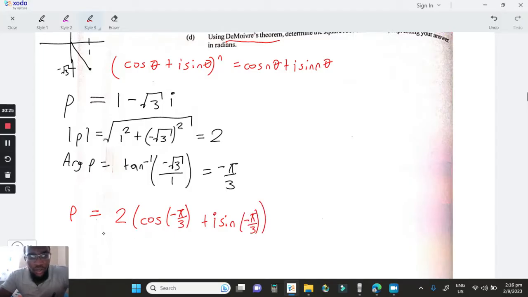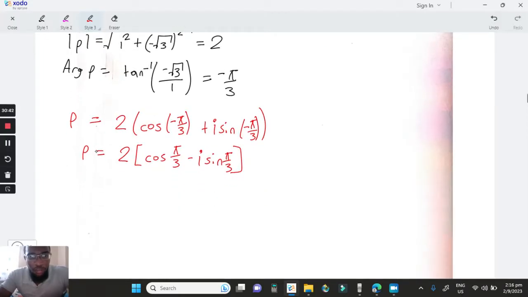But we know that cos of minus is just regular, so this is now 2 in bracket cos pi by 3 minus i sine pi by 3. Then we need to find the square root of p.